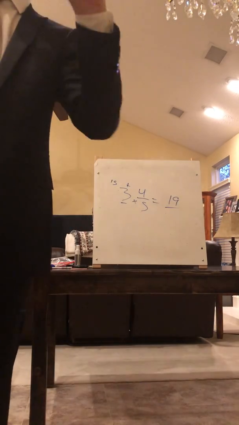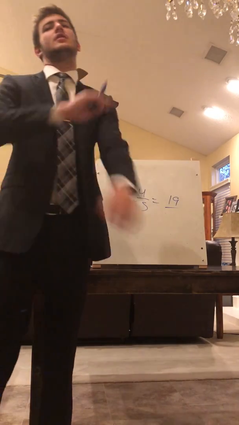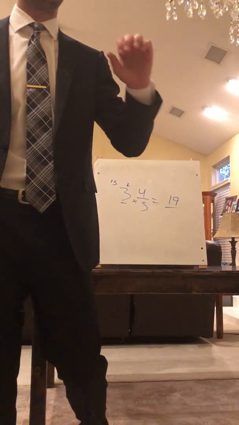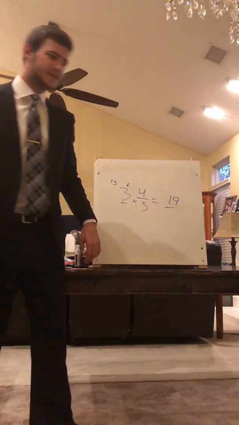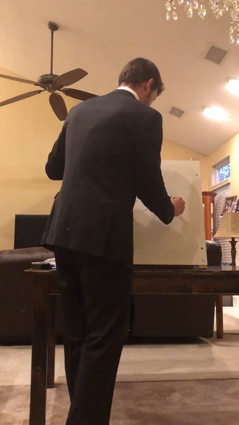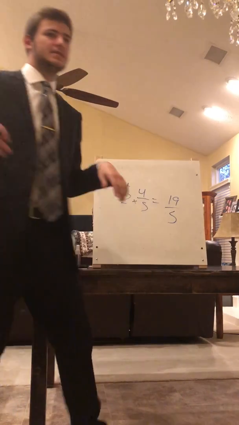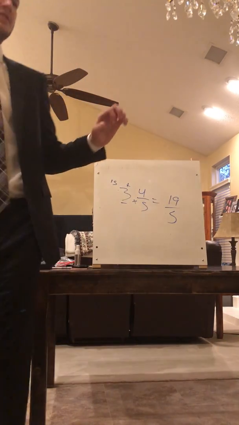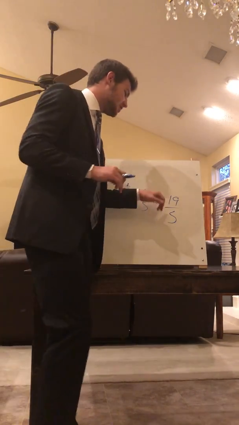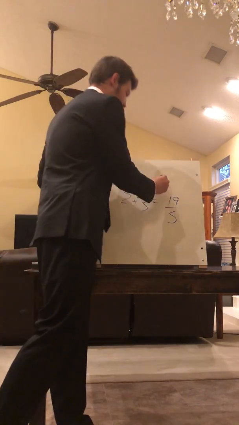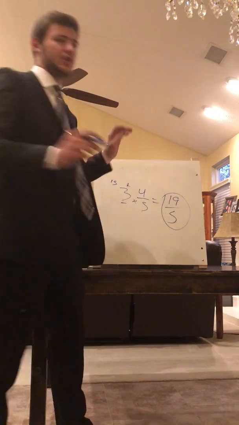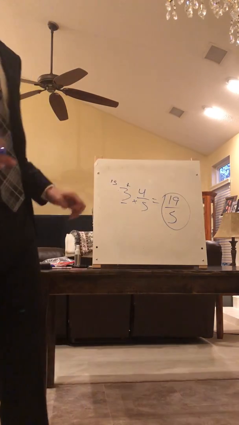So now what do we always do with our denominator? Keep it the same. That's right. Okay. So are we done? Yes, on this problem we are done because 19 over 5 does not simplify at all. So this is our simplest form of an improper fraction.